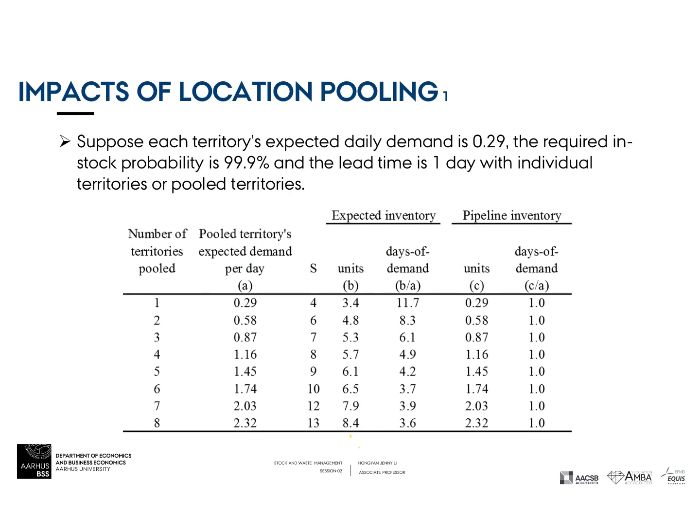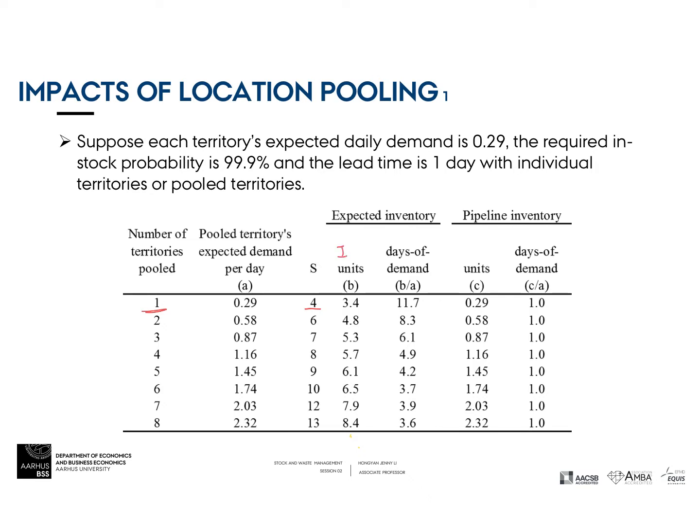Now we use this case to continue to show the impacts of location pooling, using the territories' inventory or stock control policies. First, in the current practice, the individual sales representatives carry their own inventories individually, and the order-up-to level is four units.